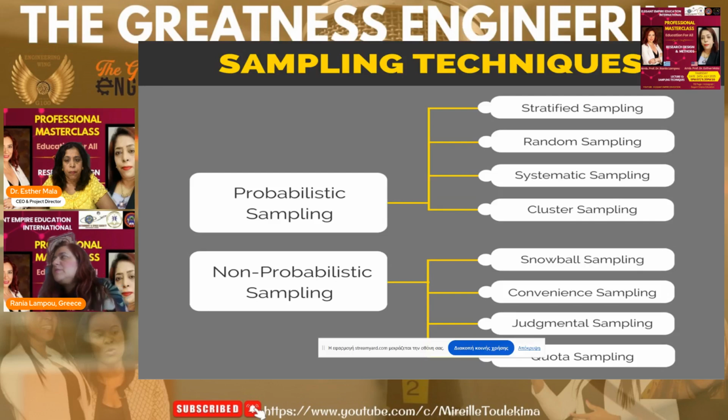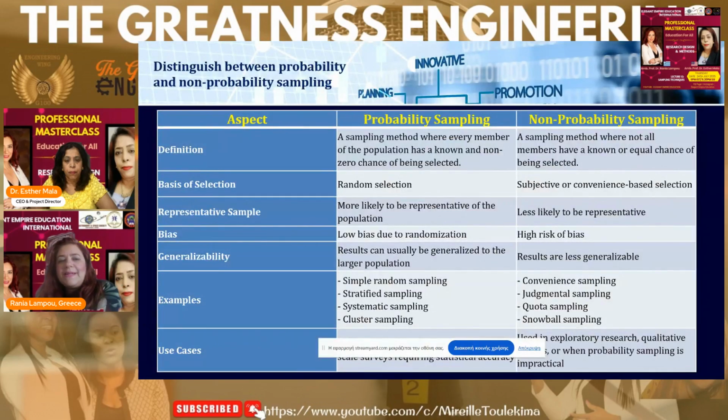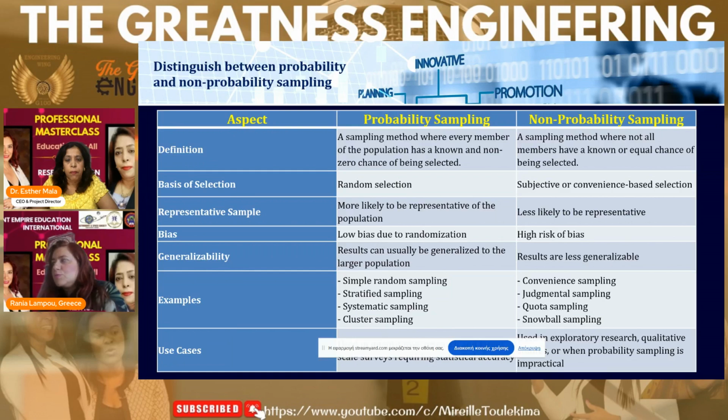So what are the differences first between probability and non-probability sampling? Here we can see a comparison table. In general, we could say that probability sampling is more scientific and more suitable for research needing high accuracy and generalizability. You have to have this in mind.